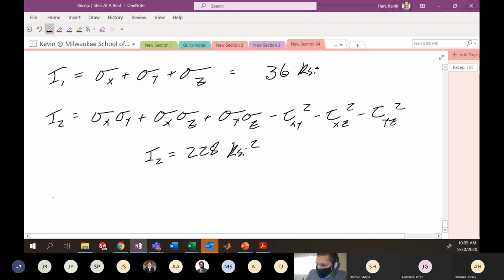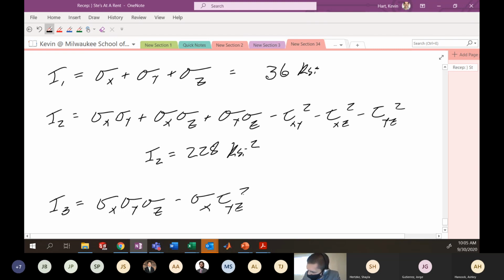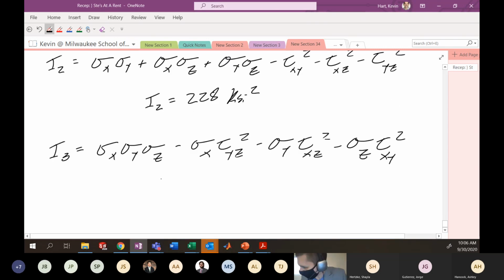So that's invariant number 2. Invariant 3. Here we have sigma x, sigma y, sigma z, minus sigma x, tau yz squared, minus sigma y, tau xz squared, minus sigma z, tau xy squared, plus 2 tau xy, tau xz, tau yz.